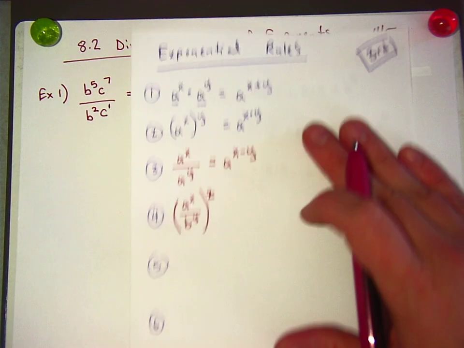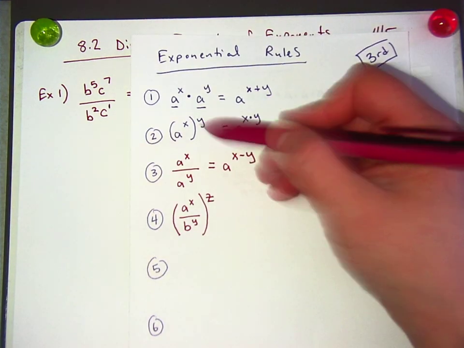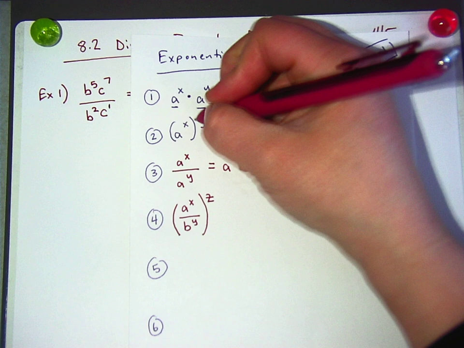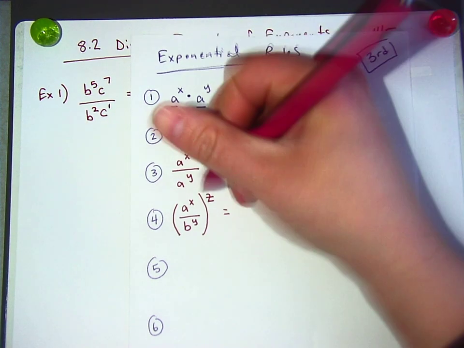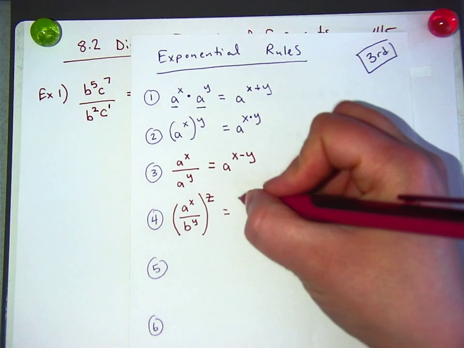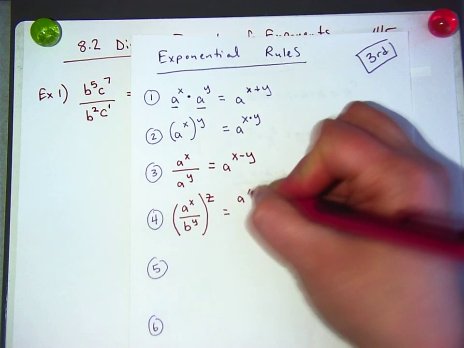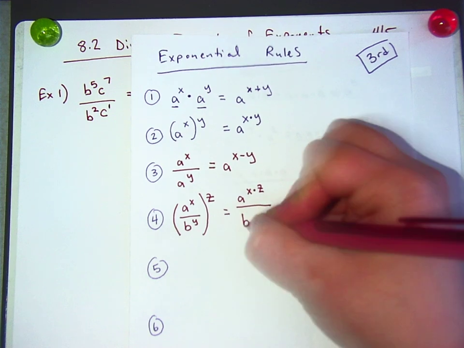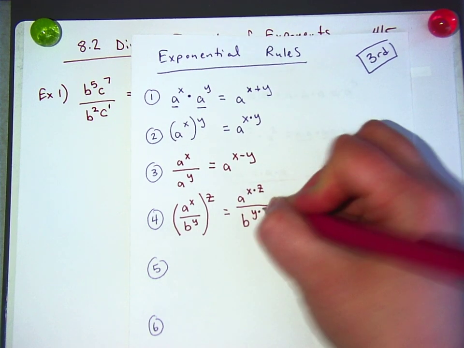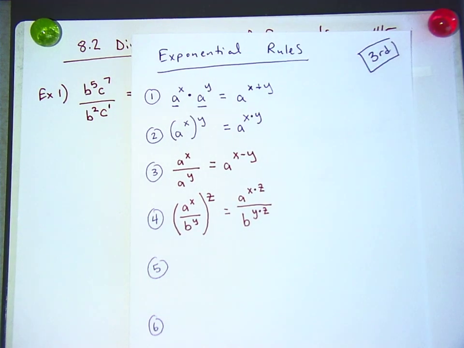Okay, what did we do when we had parentheses and a power on the outside? We distributed it and multiplied, right? So now we're going to do the exact same thing, only it's going to go to both of them. That would be a to the x times z over b to the y times z. So it's kind of like I'm distributing the z to both of the powers.